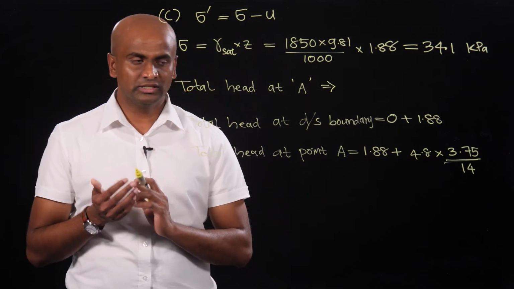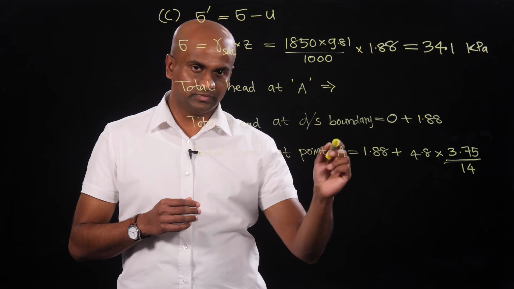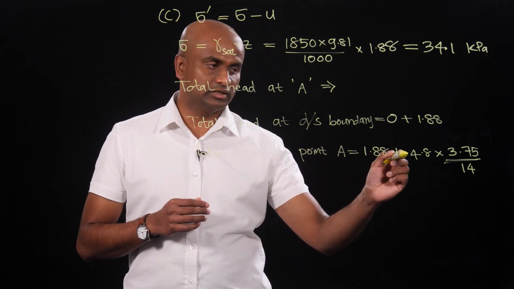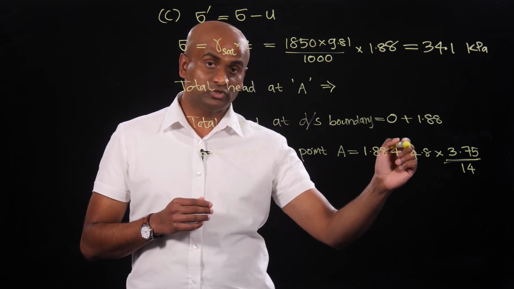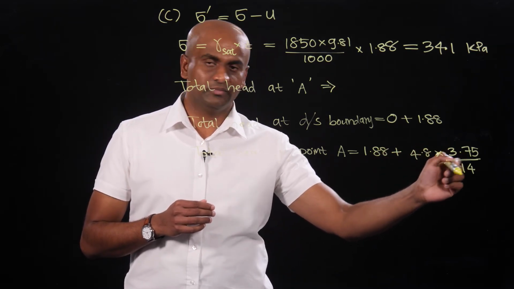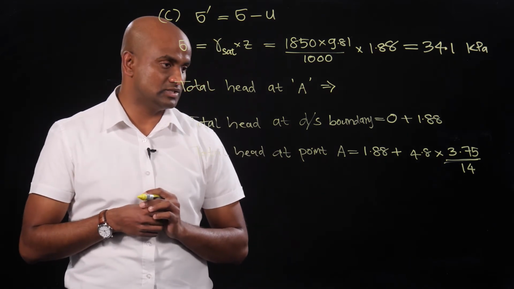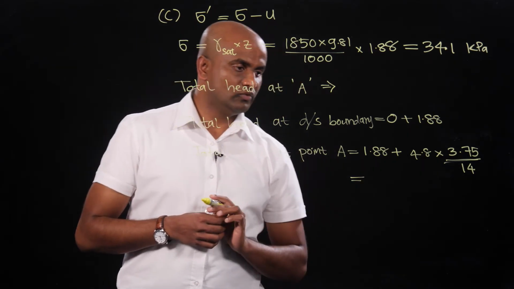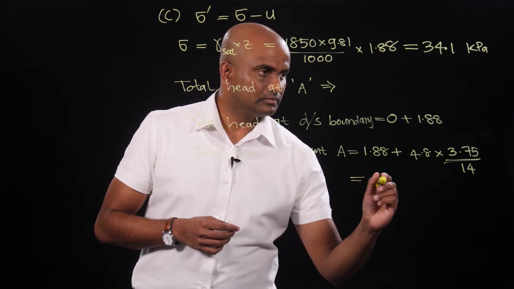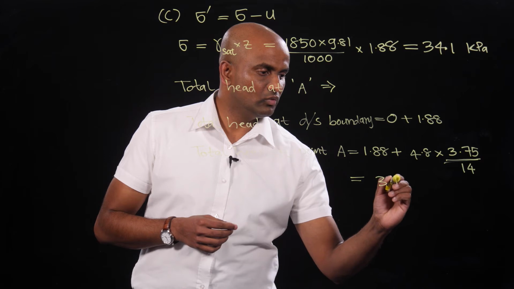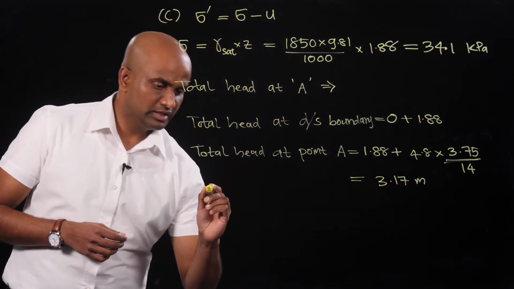We could have done it the other way from the upstream side as well. You could have calculated the total head at the upstream boundary and then deducted the number of equipotential head drops to point A multiplied by the same value. That could have given you the same answer. So therefore the total head will be 3.17 meter.